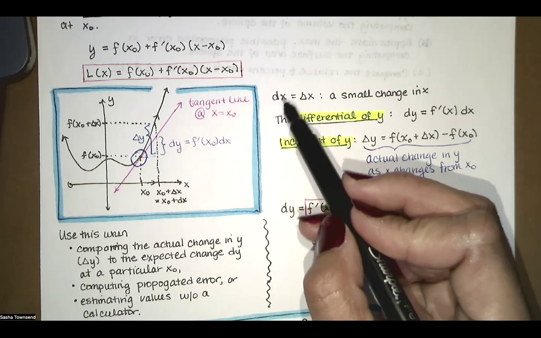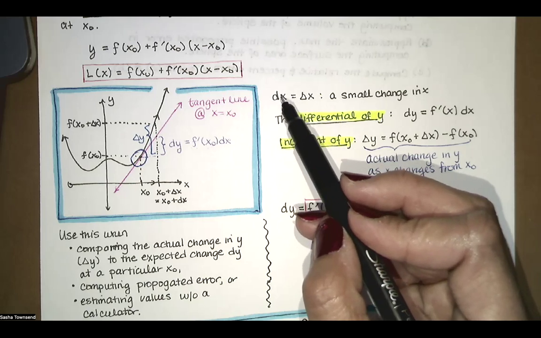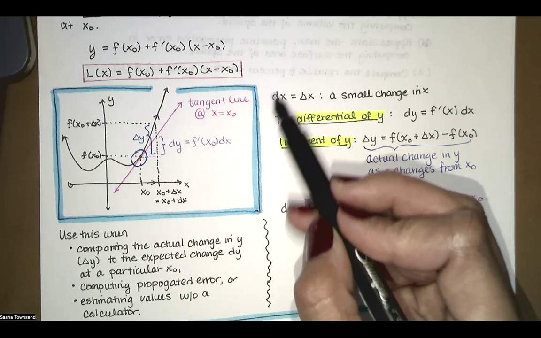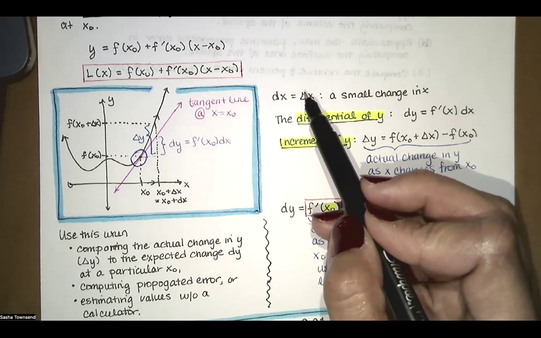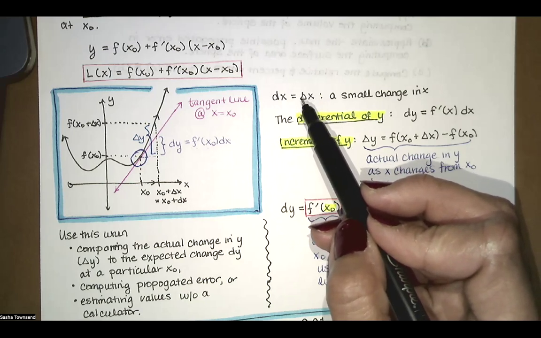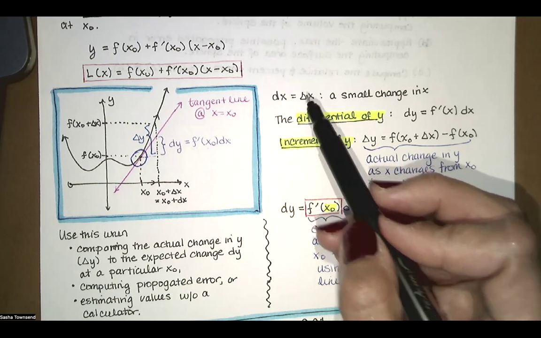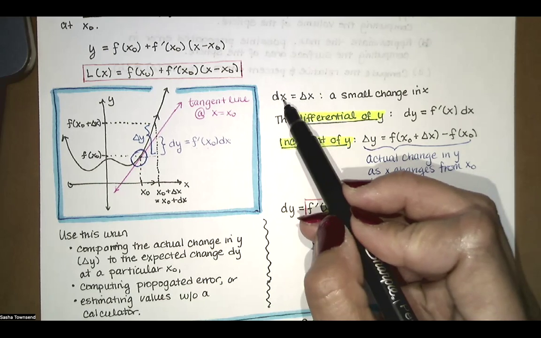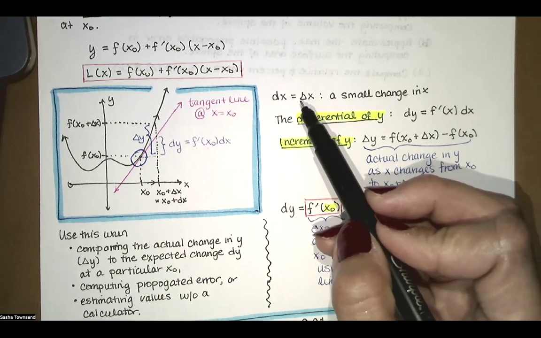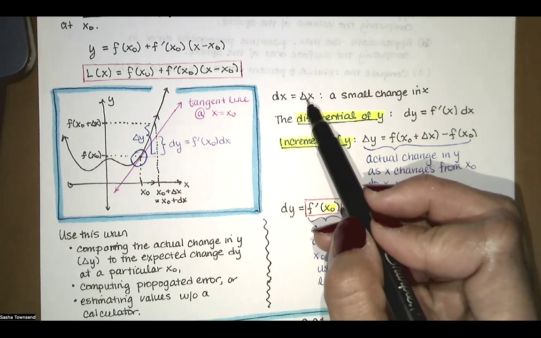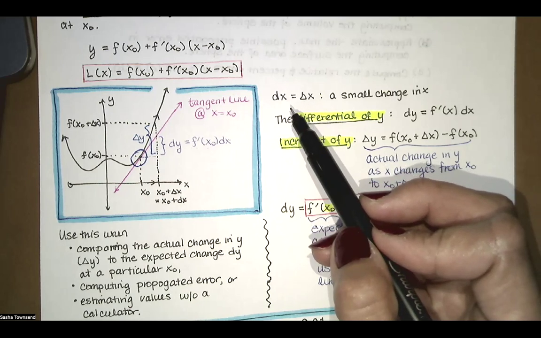This is actually an infinitesimal, like an infinitely small distance in the x direction, so it's very, very close to zero. And delta x is a small non-zero number. In this section and the similar section in Calculus 3, we're going to treat dx and delta x as if they're the same. So dx is a small change in x, and delta x is the same small change in x.